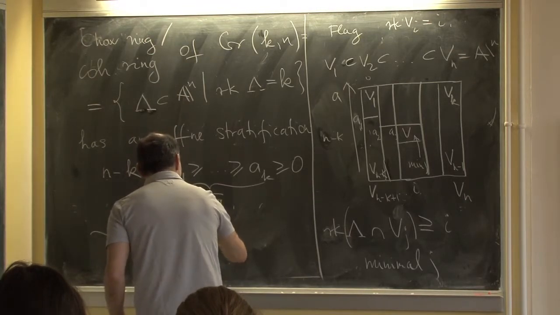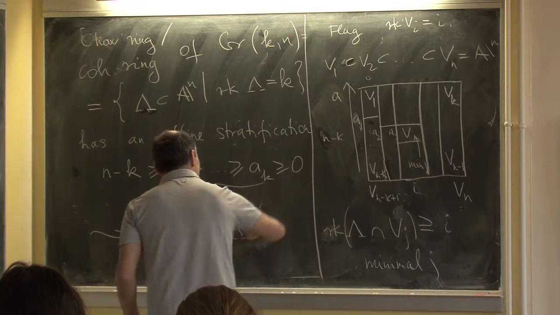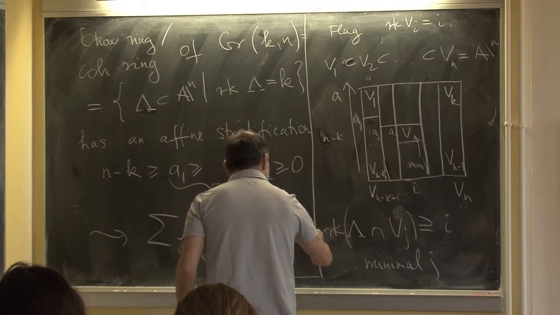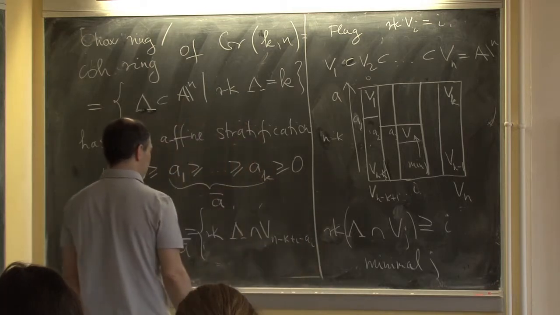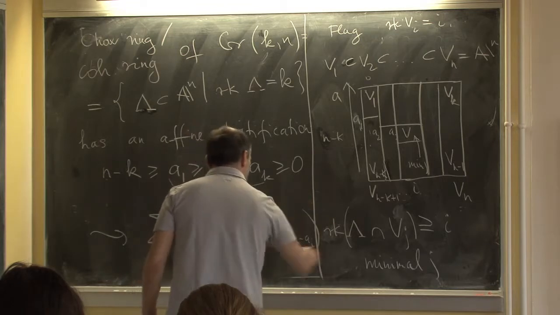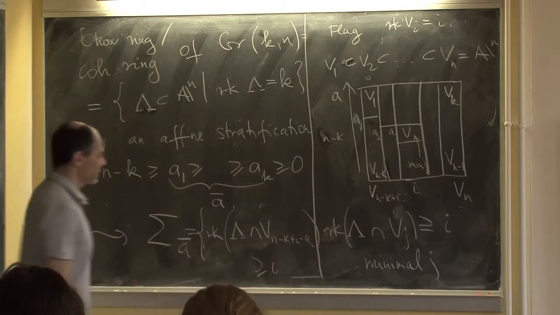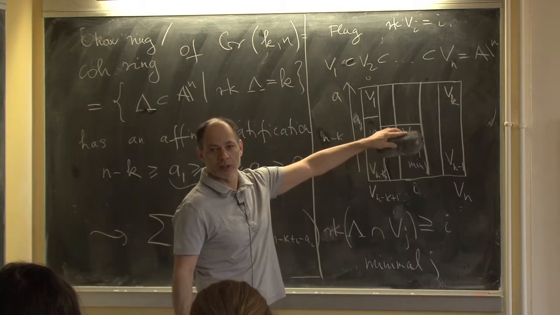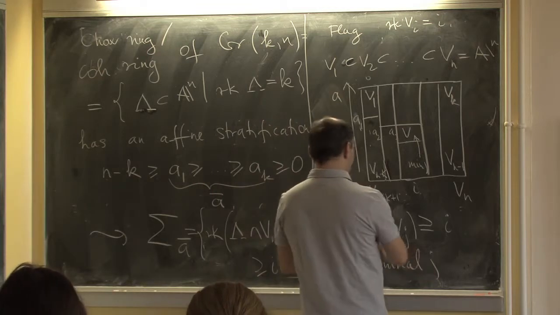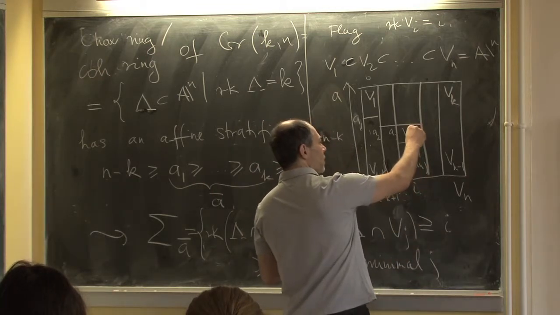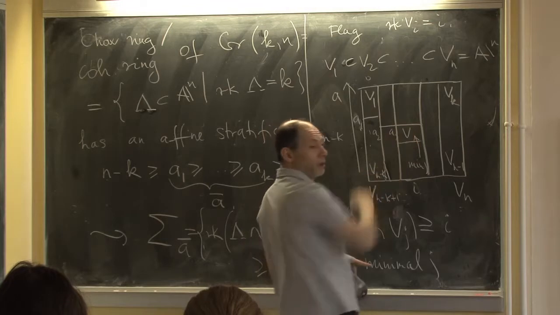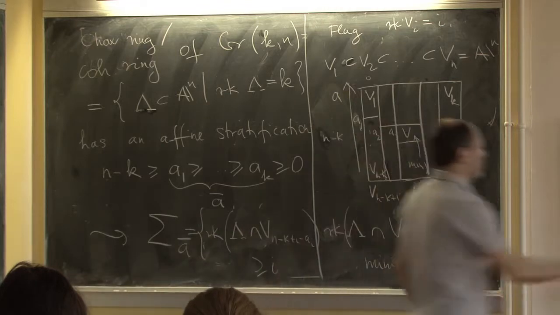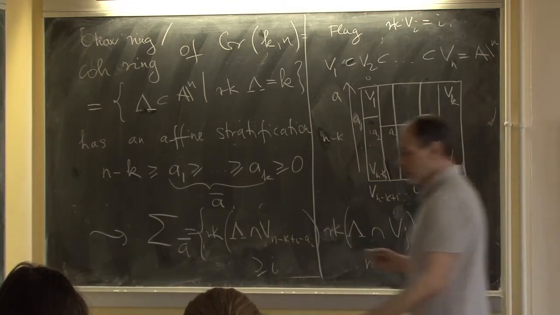So the rank of lambda intersecting with v, and then something like n minus k plus i minus ai, something like that. This rank should be greater than or equal to i. So to me, this is a little confusing. But precisely if you translate this condition, then this is what you get: the minimal j for which this condition is true is the top element in the ith column that you draw here.